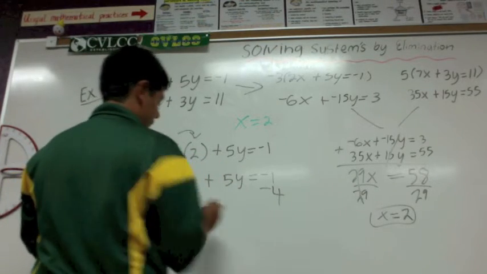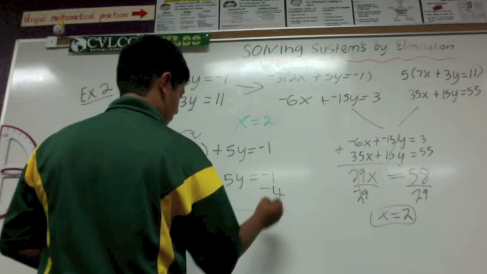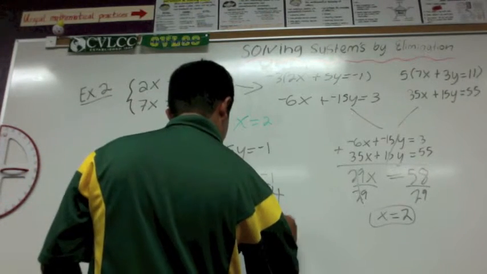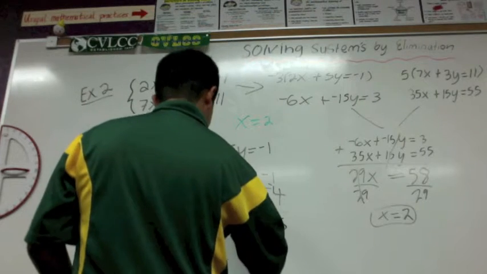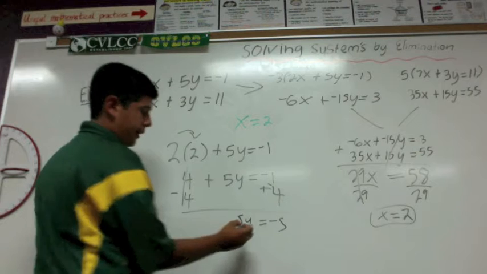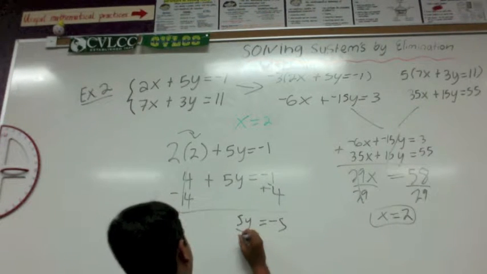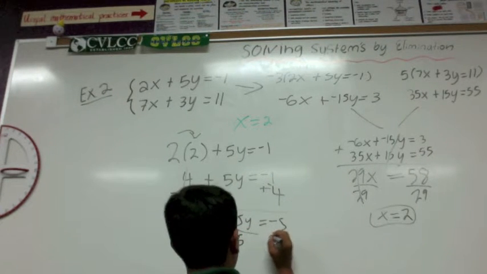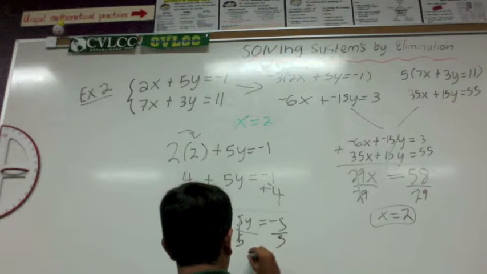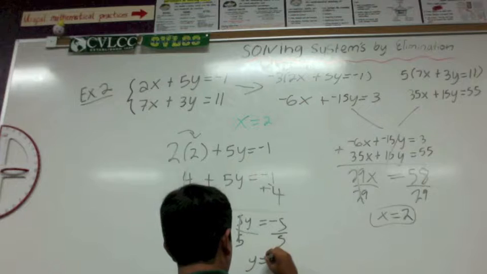The 4 cancels out, and we're left with 5y is equal to -5. So we're going to isolate the y, divide by 5 on both sides, and the y is -1.